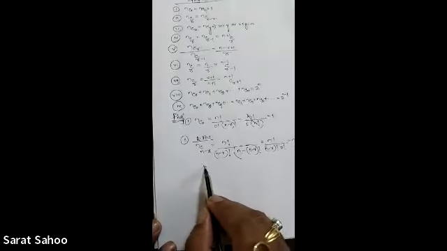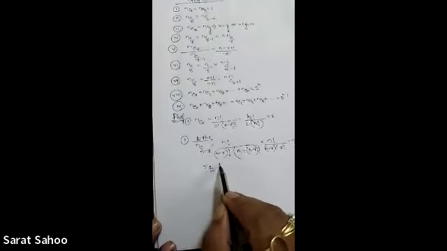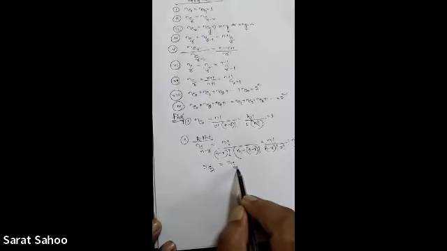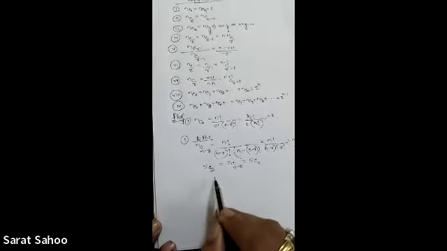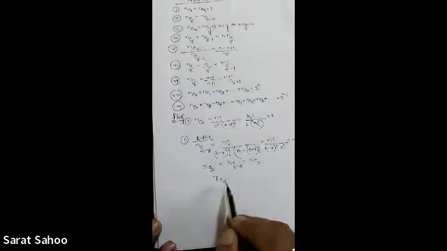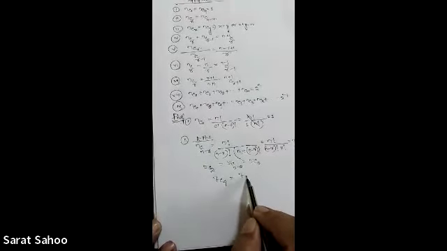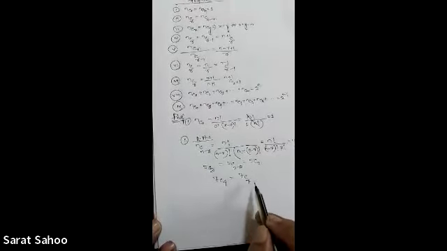That means we can write 5C2 is equal to 5C(5 minus 2), that is 5C3. 7C4, we can write 7C(7 minus 4), which is equal to 7C3.